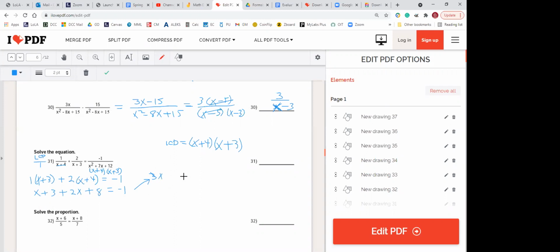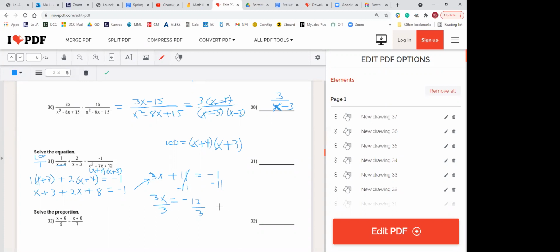And then the 3 and the 8 is 11. And so x is going to be equal to negative 4.